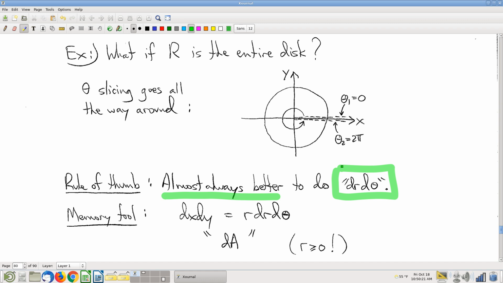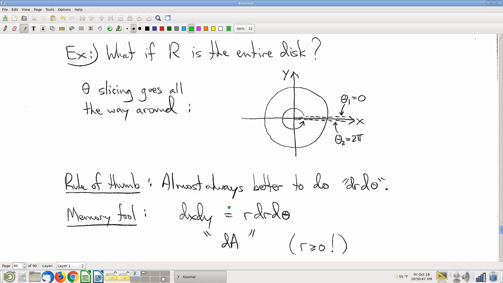But it's pretty unnatural, and it's extremely rare. So for the purposes of Math 212, it's always better to do your slicing in that order. In other words, don't ever do d theta dr. It'd be super weird, and never advantageous, except for extremely anomalous manufactured examples that don't really come up. So always do the slicing in that order.